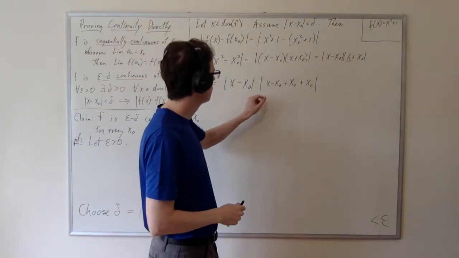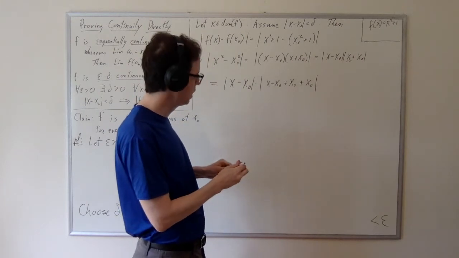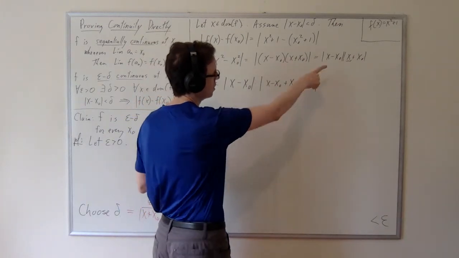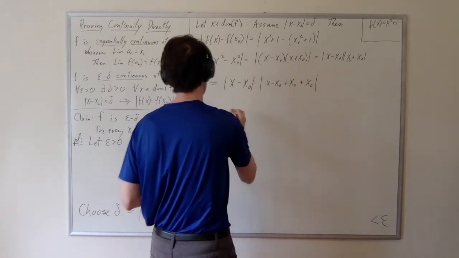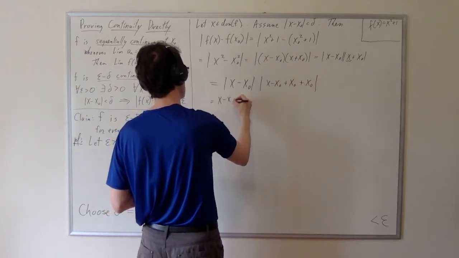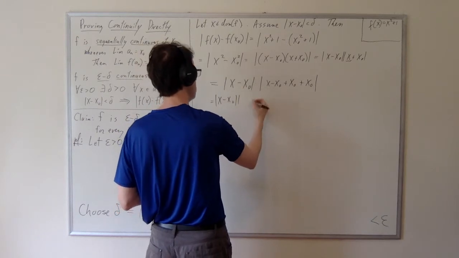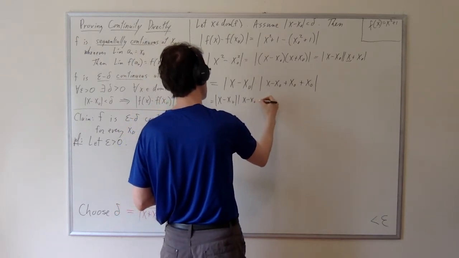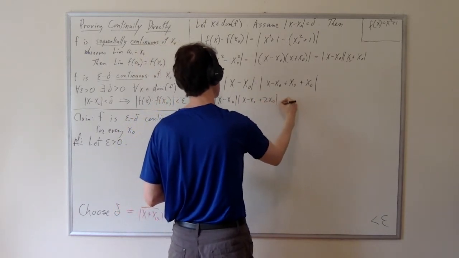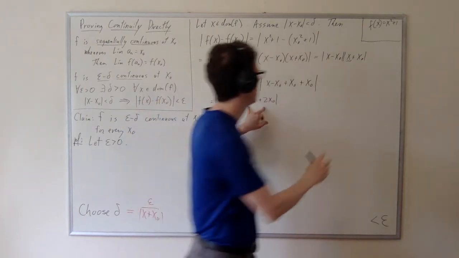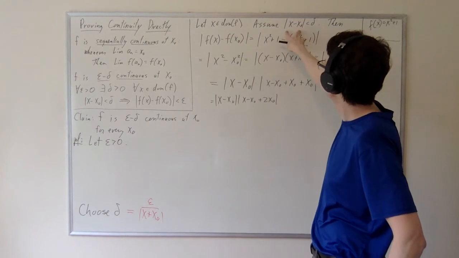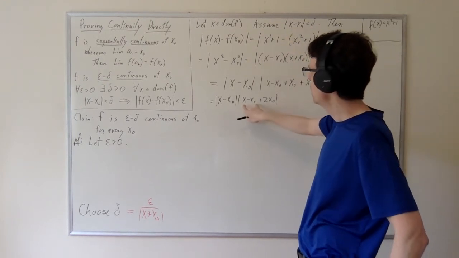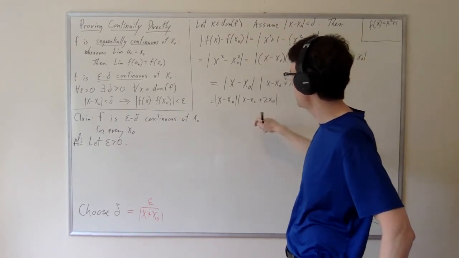So now what? Obviously, we're not going to cancel these x naughts because we get back where we were. We're going to combine these x naughts, and then we're going to have this error term. So this is going to be x minus x naught plus 2x naught. That is certainly more complicated than what we had before. But notice the term x minus x naught is something that we can hope to have some control over. And so what we're going to do now is separate that term.